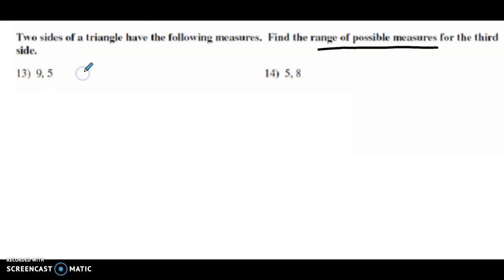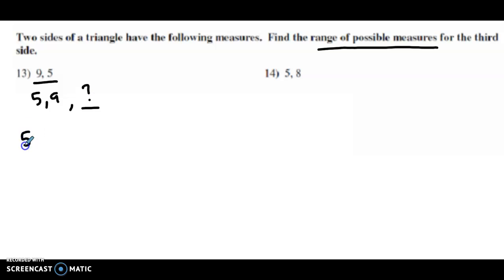Okay, so let's start with the first one, which has 9 and 5 being the two smallest sides. Actually, I would encourage you to write this in order from smallest to largest, it kind of helps to visualize things. So if 5 and 9 are the smaller sides, we're missing the largest side.